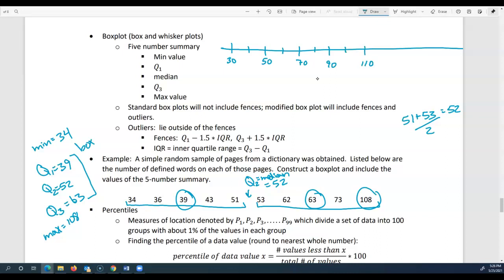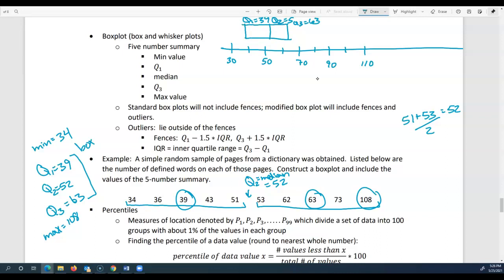We have quartile 1 at 39. We have quartile 2 at 52. That's your median. And then we have quartile 3 at 63. There's your box.